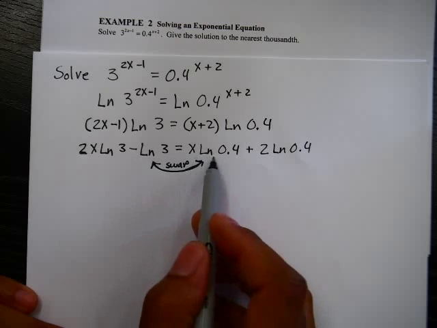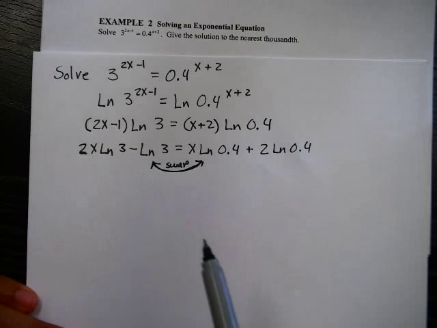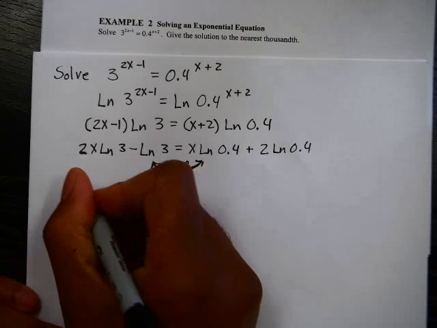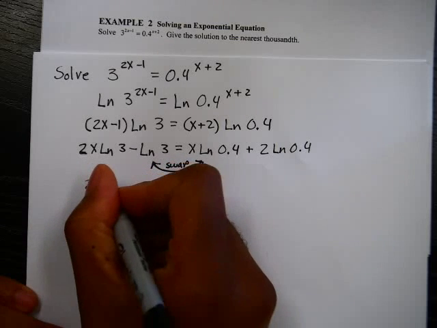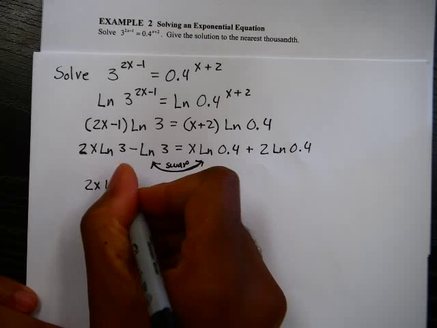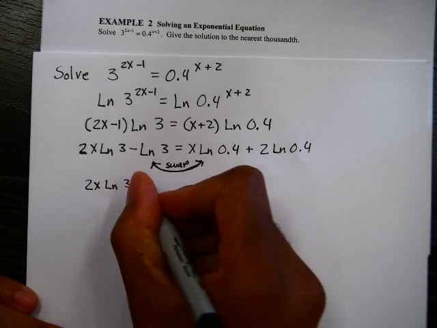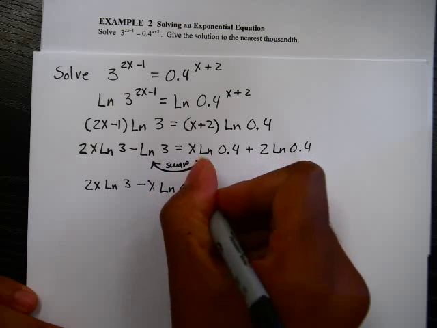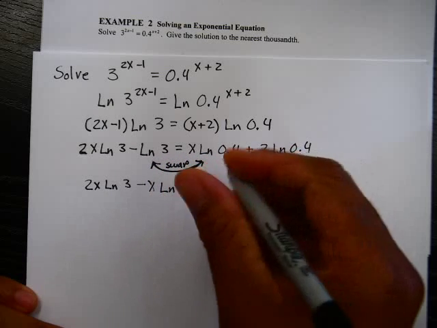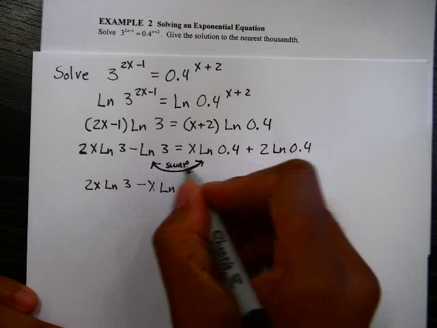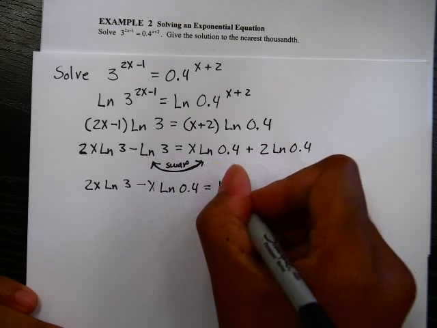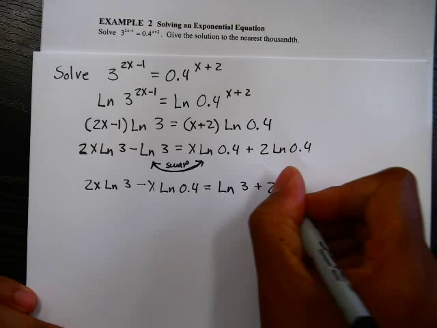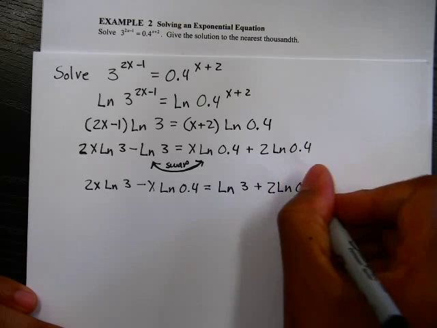And when that x ln of 0.4 goes to the left side of the equal sign, it changes to a negative. So what we have is 2x ln of 3 minus x ln of 0.4 equals ln of 3 plus 2 ln of 0.4.